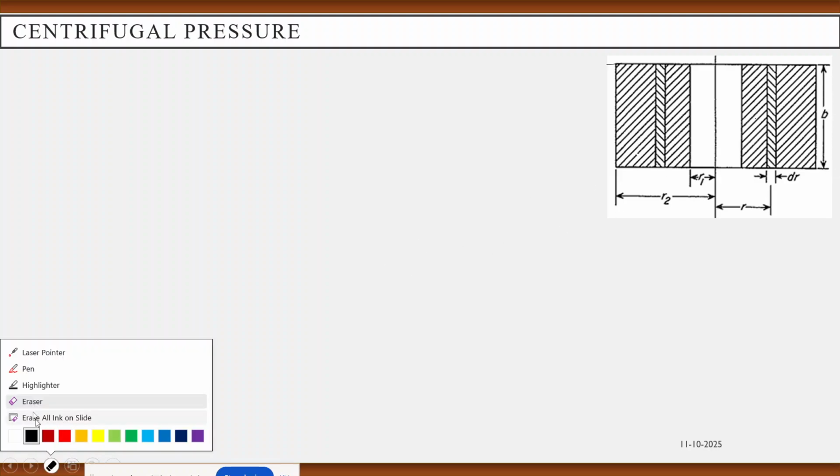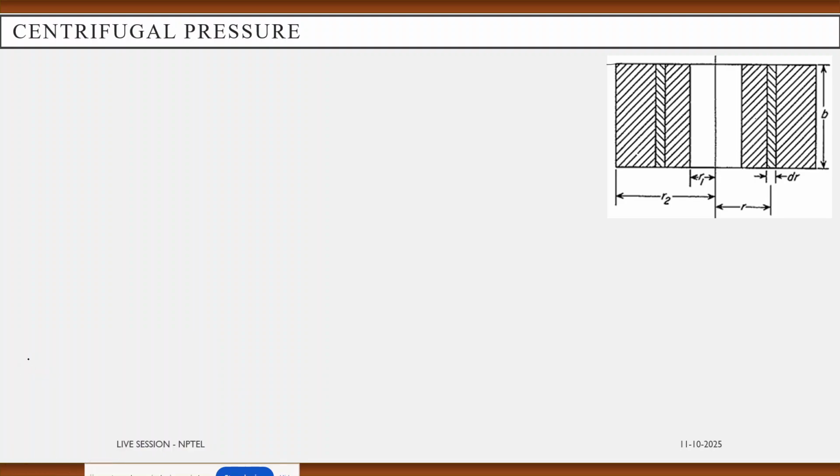So we are going to discuss now what would be the pressure difference due to this centrifugal action.